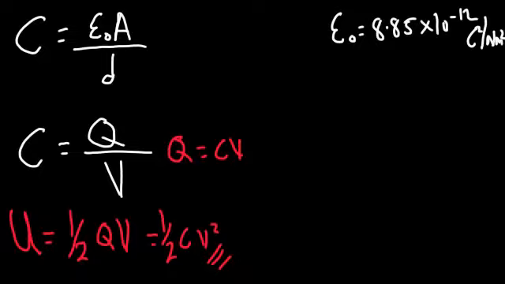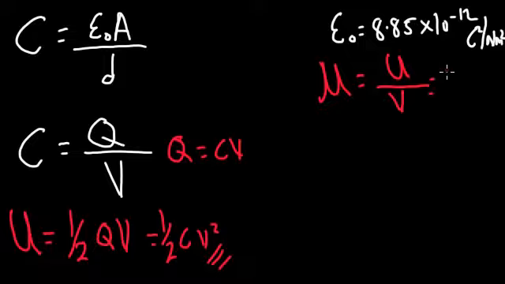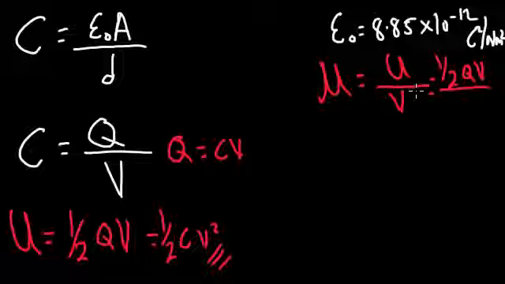Mu, which is the energy density, is equal to the electric potential energy U divided by the volume of the capacitor. In other words, since U is equal to half QV or half CV squared, you can have it as half QV divided by the volume.